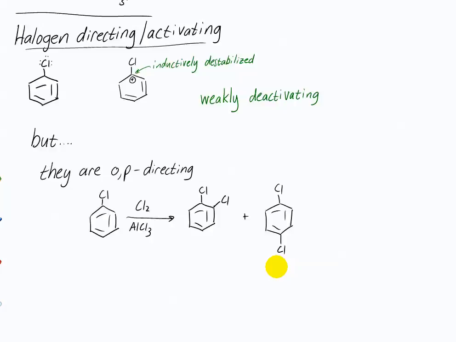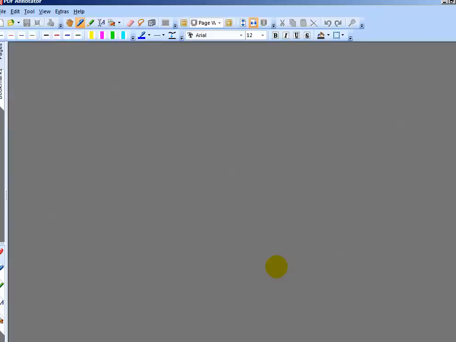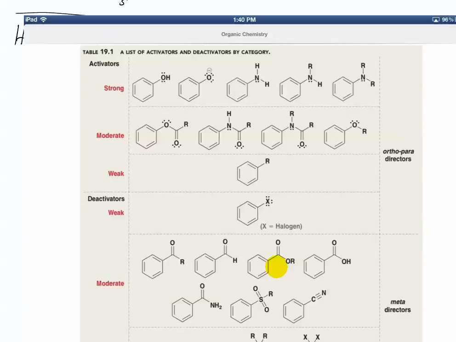Okay, so if we go back to our chart now, we've talked about all the stuff in this chart, from the strong activators, the moderate activators, and the weak activators, which are ortho-para directors, to the halogens, which are actually deactivating reactivity-wise, but still ortho-para directors.